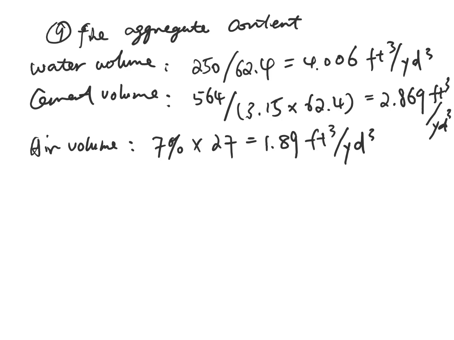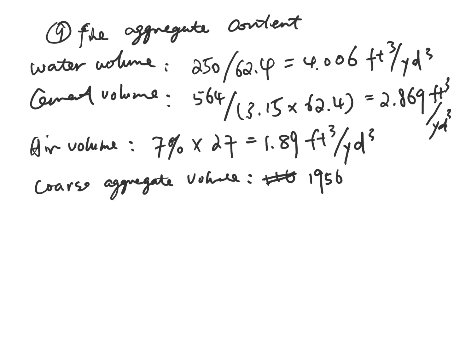And then we need to calculate coarse aggregate volume. In the previous step, we know we need 1956 pound of coarse aggregate per cubic yard of concrete. So this divided by the unit weight of coarse aggregate.